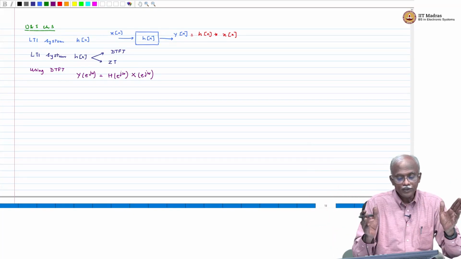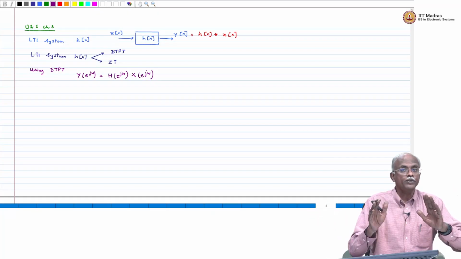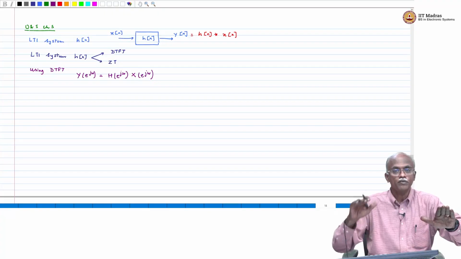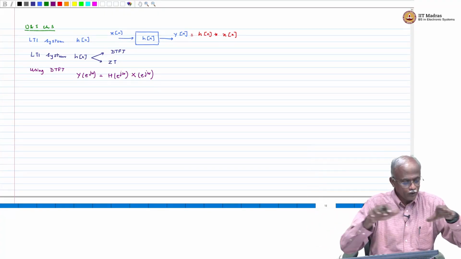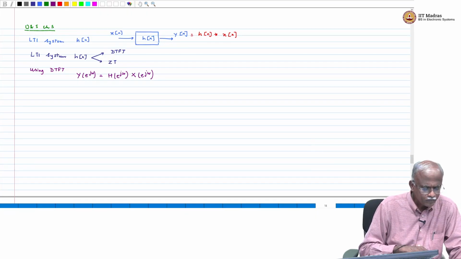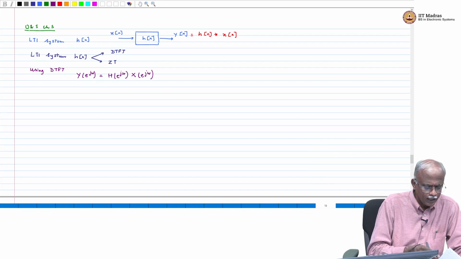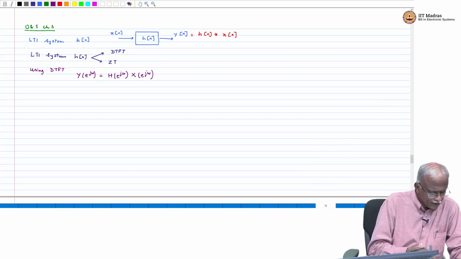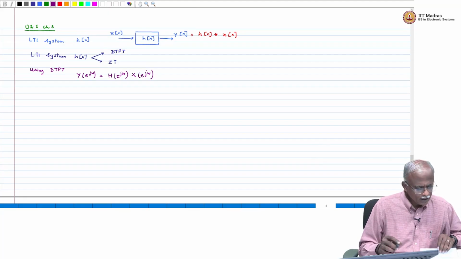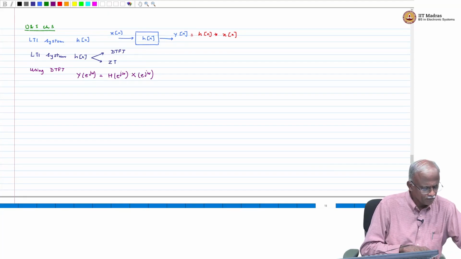But now we are saying, I'm not interested in them individually. I'm looking at it as an LTI system for which the input is x of n, output is y of n. I want to look at the relationships that are present between them. I hope you are comfortable with the way we are going to be approaching these systems.